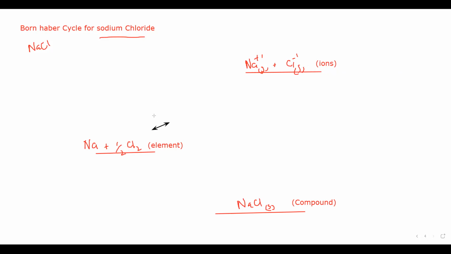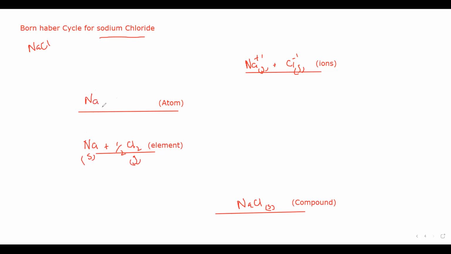When we complete this, first the elements form atoms. There is one more thing, the atom part is also there, because the molecule does not directly form the ions. The elements form atoms in the gaseous state, because sodium exists as a solid and chlorine is a gas.